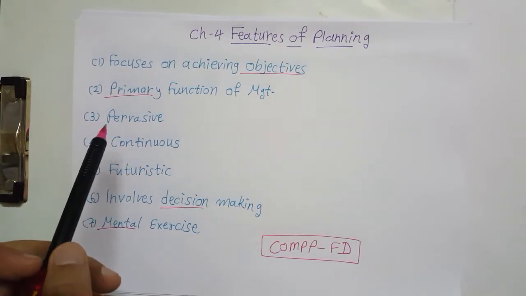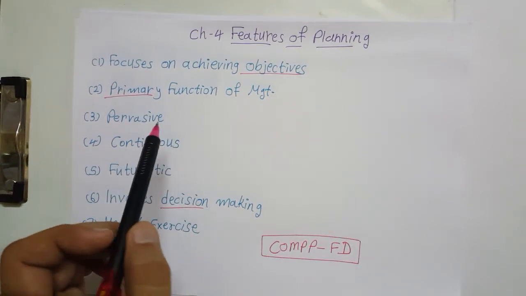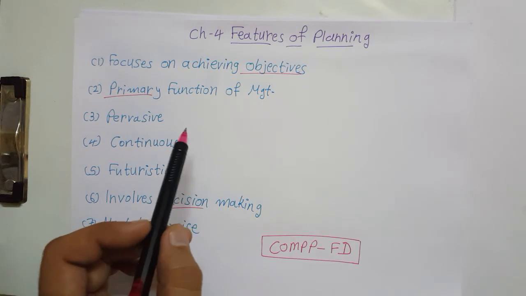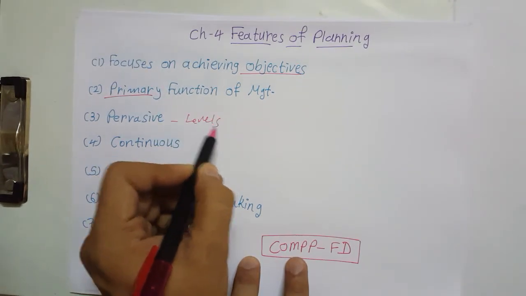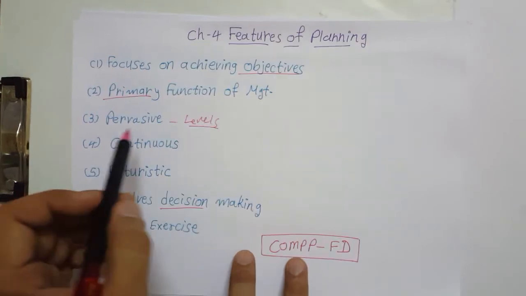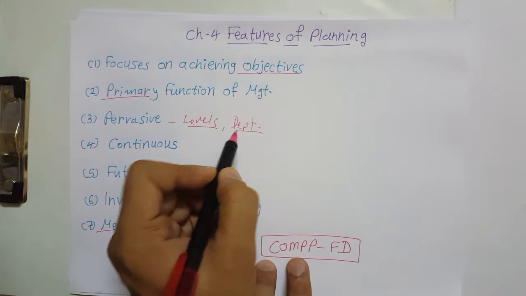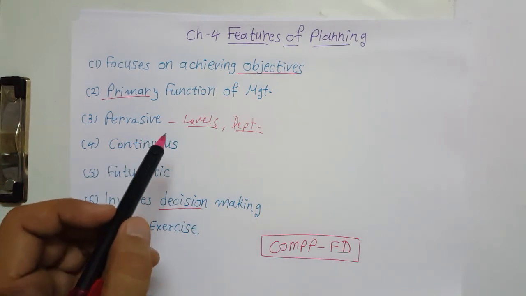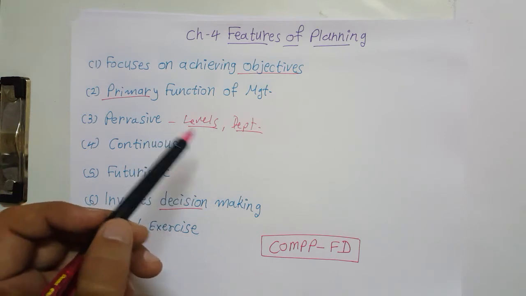Now the next one is that planning is pervasive. Pervasive means that at every level of the organization, that is top level, middle level, lower level, everywhere planning is required. Not only every level but every department also. In every department at every level planning is required, and planning is not required only for 1 year, 1 month or 1 week.